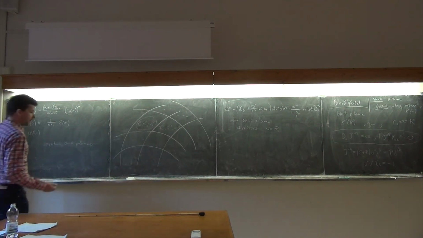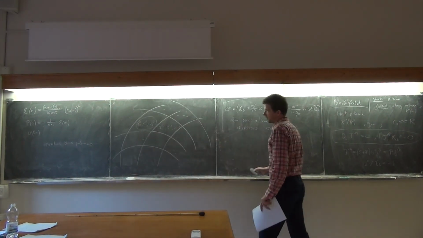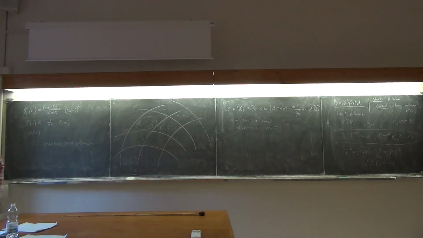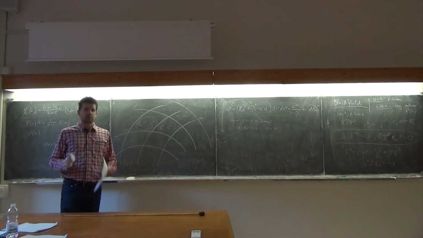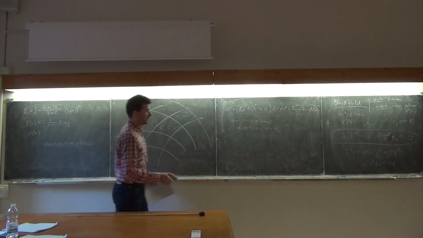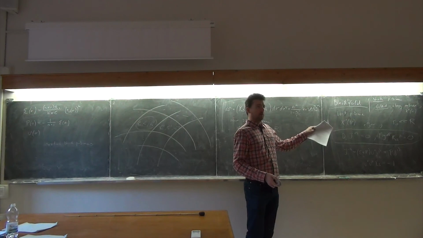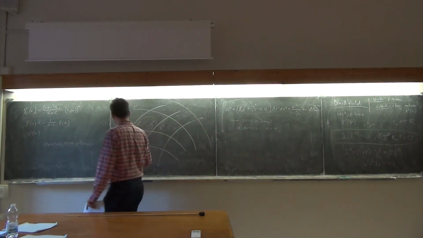As is true many times, if you want to see how rich a theory is, you have to restrict yourself to specific cases, because otherwise these equations are not easily solvable. So you have to go to specific cases to solve them.